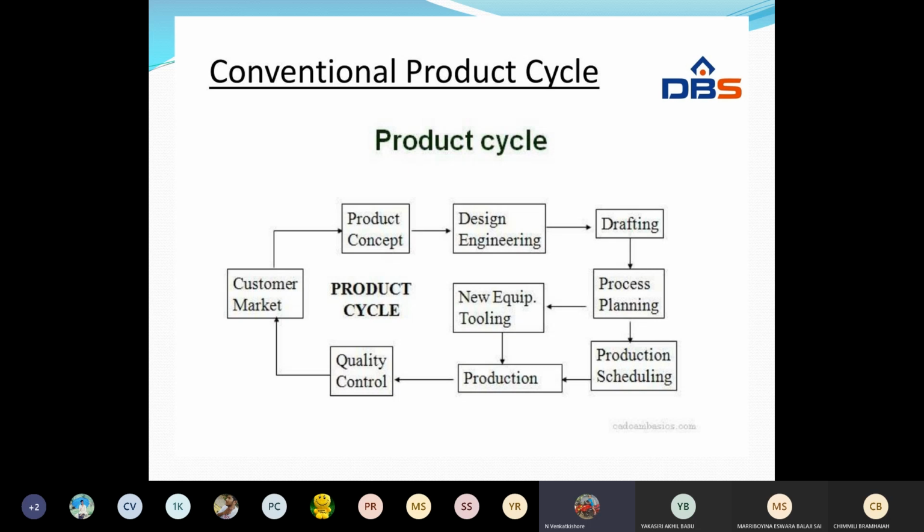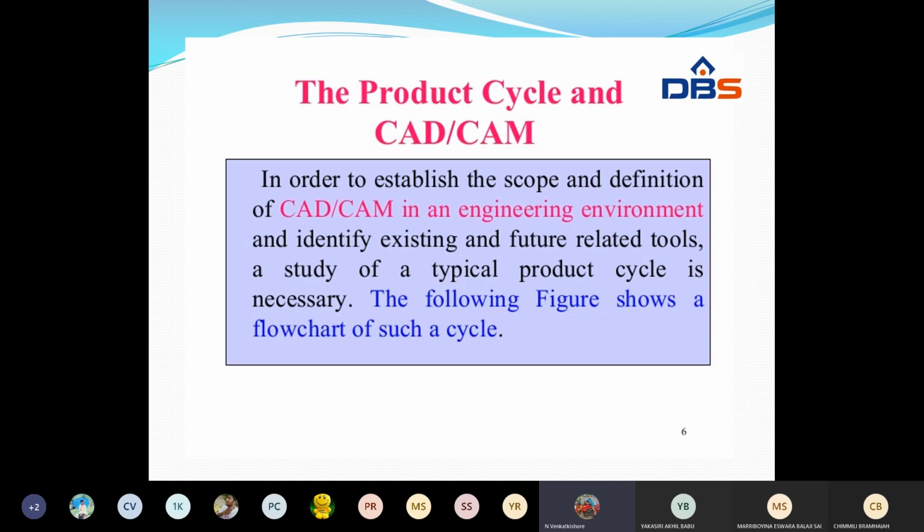So market is nothing but the industry also requires the product. So the requirement is either customer or industry. Depending on a particular customer group, there will be differences in the way the product cycle is activated.